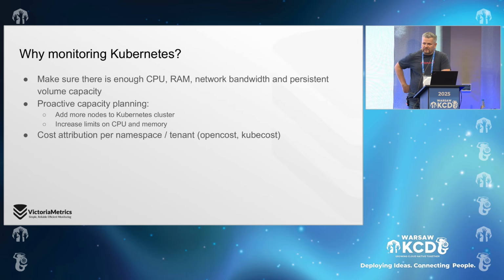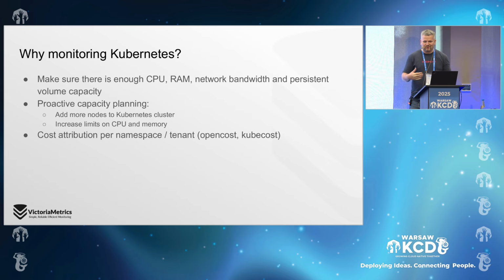Also, monitoring helps you attribute costs between different teams. If you run Kubernetes in a large company, it is likely that this Kubernetes is used by many different teams, and they use it differently. Some teams may use a little bit of this Kubernetes, and other teams may run very heavyweight pods and deployments there.